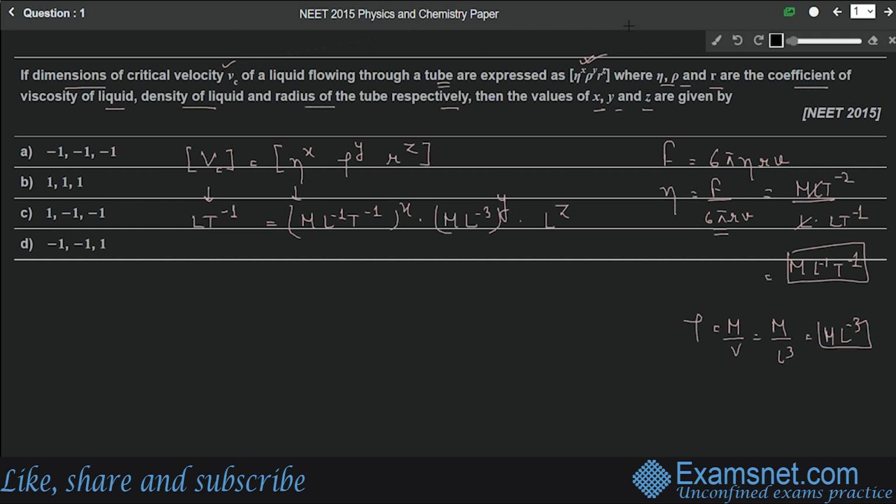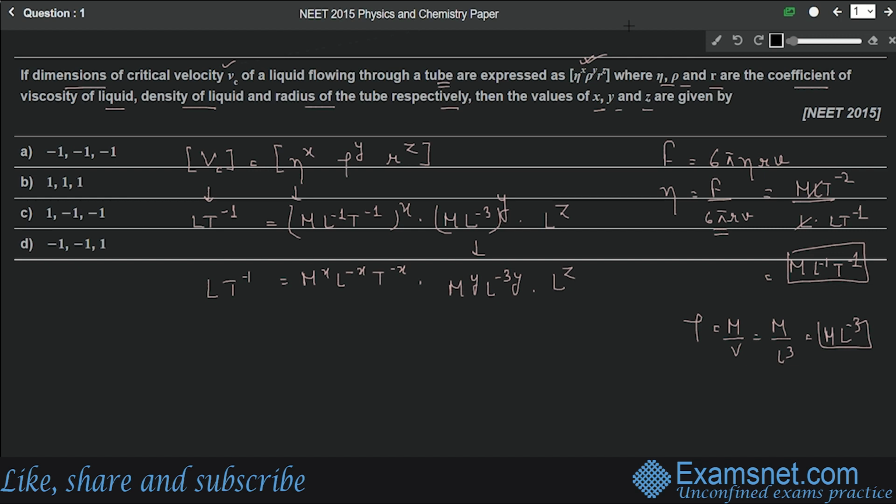Now if we open the bracket, we get M to the power x, L to the power minus x, t to the power minus x. Right? And then here we get M to the power y, then L to the power minus 3y. And then we have L to the power z. On the left hand side we have Lt minus 1 only. What is the power of M?